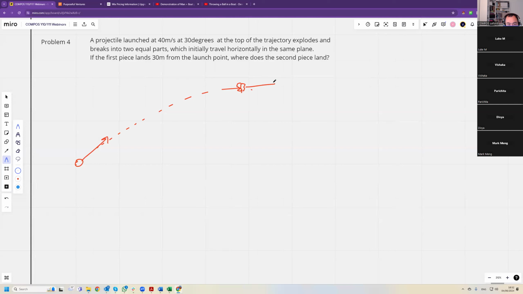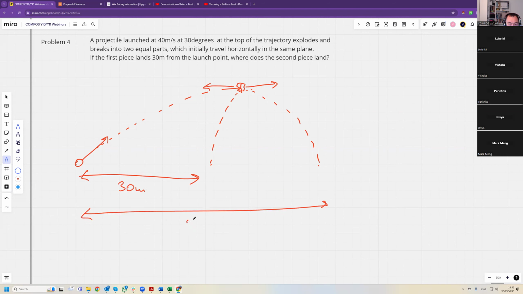And one piece goes that way, one piece goes the other way. And one of them lands somewhere here. The other one lands somewhere here. We know that this distance is 30 meters. So we need to find this distance. Sounds like a really difficult one.